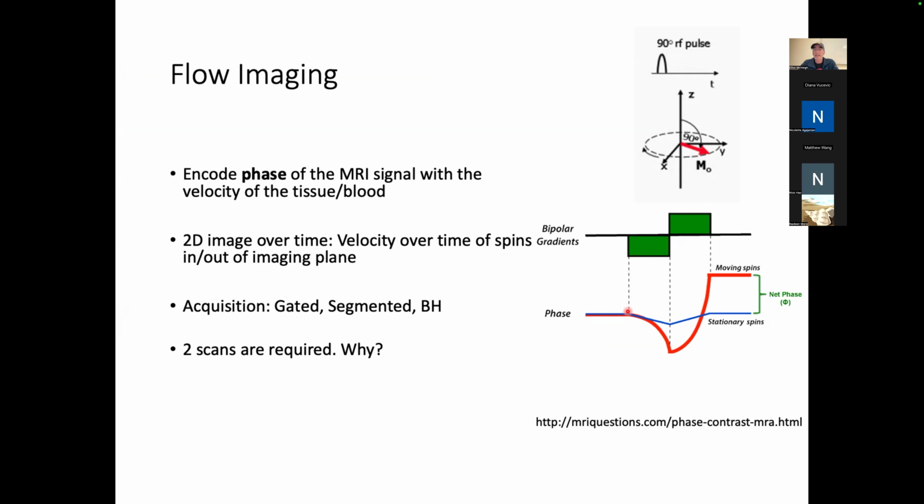If that spin or magnetization vector is displaced from the origin by some constant distance, it will accumulate phase proportional to that distance and proportional to the amplitude of this gradient. Okay, so here we've got this gradient. The phase here will actually decrease and go this direction as this gradient is on. And then at a certain time, we reverse the polarity of the gradient.